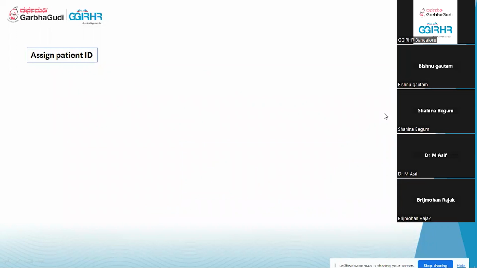Now let me give a brief idea of how the RI system is used inside the lab. Once the patient is assigned for OPU, the patient ID is given. Whatever I have put in this color is the RI witnessing system. The patient ID is given, the semen sample is collected, and semen preparation is done with the help of the RI witnessing system.